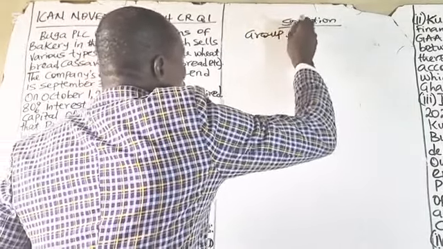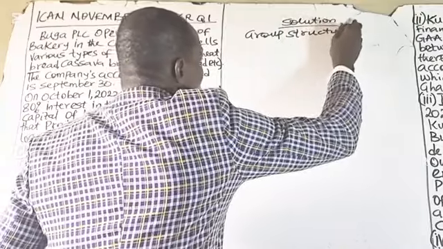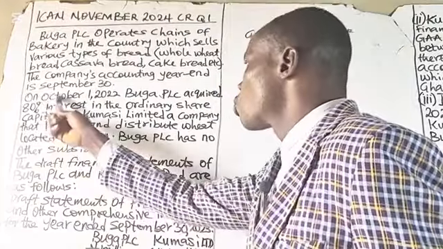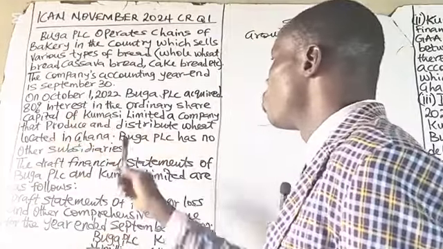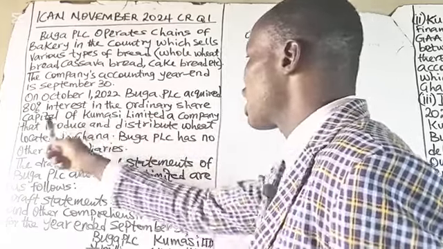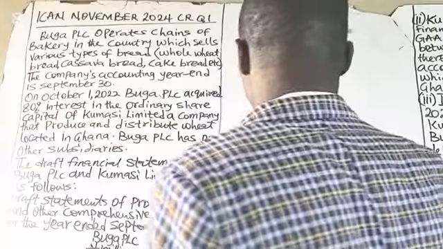Solution. The starting point is the group structure. The question tells us that on October 1st, 2022, Buga PLC acquired 80% interest in the ordinary share capital of Kumasi Limited.